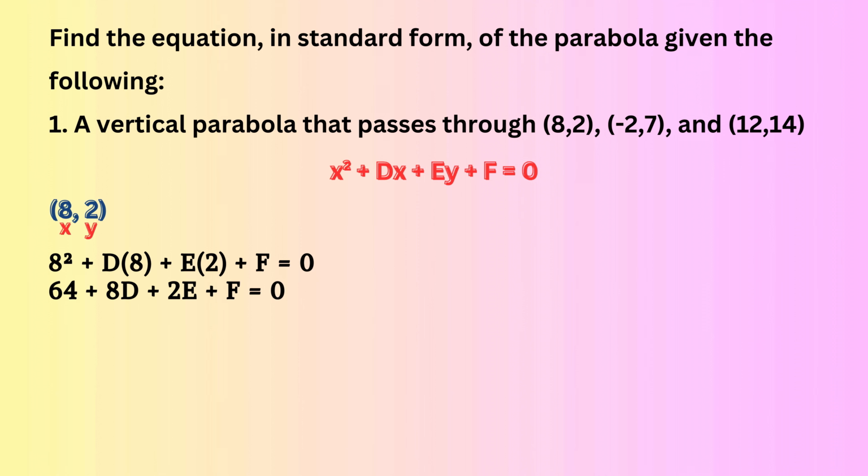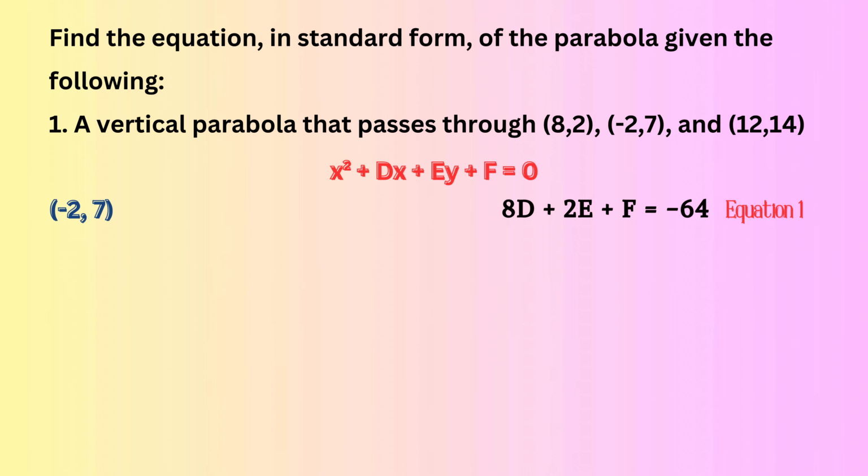Simplifying this, we will have 64, plus 8d, plus 2e, plus f, equals 0. Then we will need to transpose 64 to the left side of equation, so that our first equation would be 8d, plus 2e, plus f, equals negative 64.